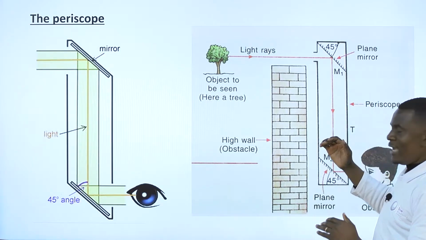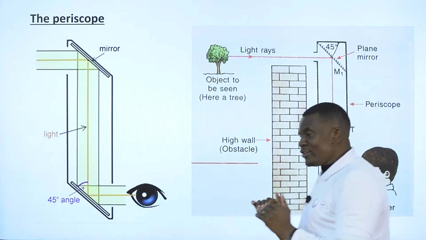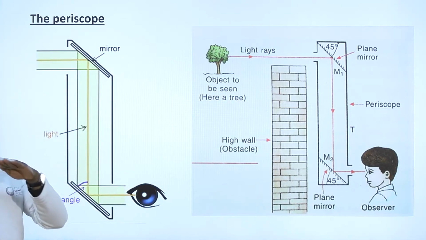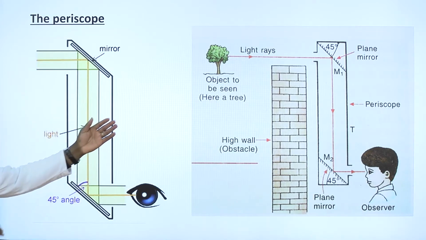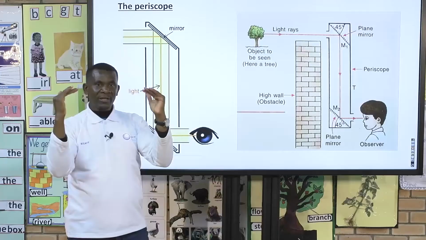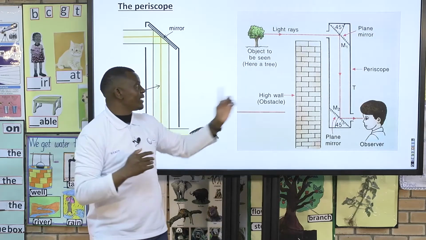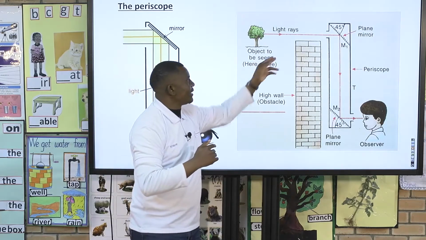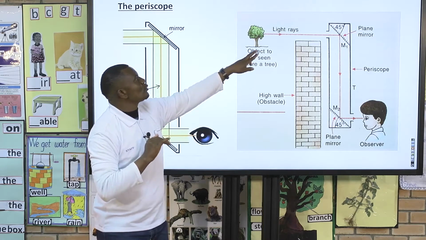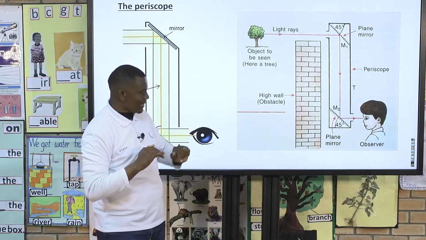I can use a periscope to see. Imagine I'm at a wall fence, and I can't see and I cannot climb here. So I can use a periscope to see what is happening on the other side.